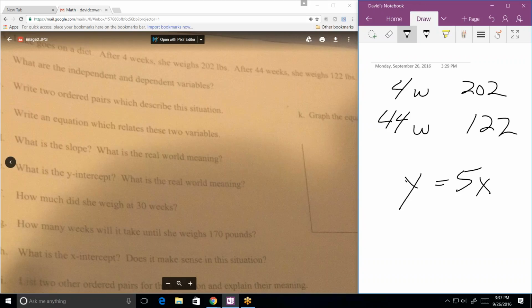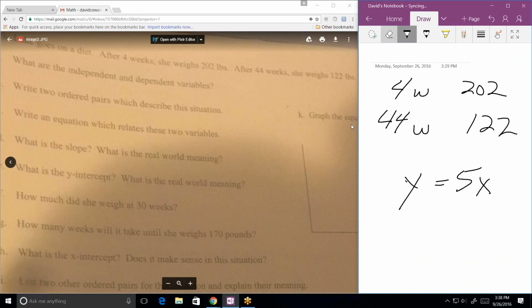But what if I switch it around and I got y over 5 equals x? Well, now y is the independent variable and x is the dependent. So I kind of hate that terminology, independent and dependent variable. I just don't like it. Maybe because I don't fully understand it.